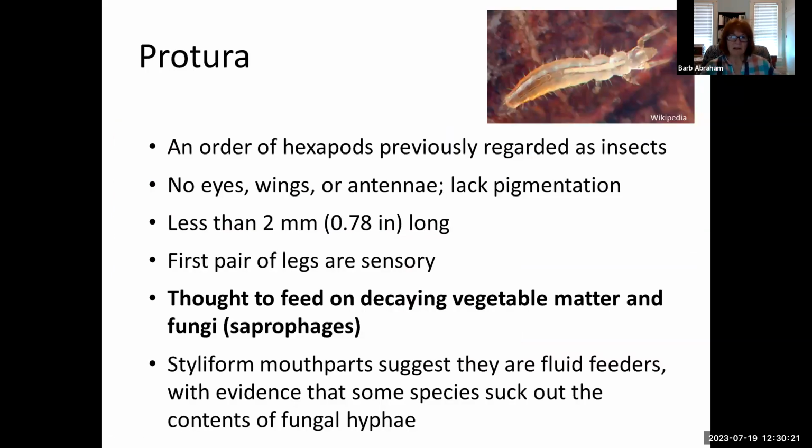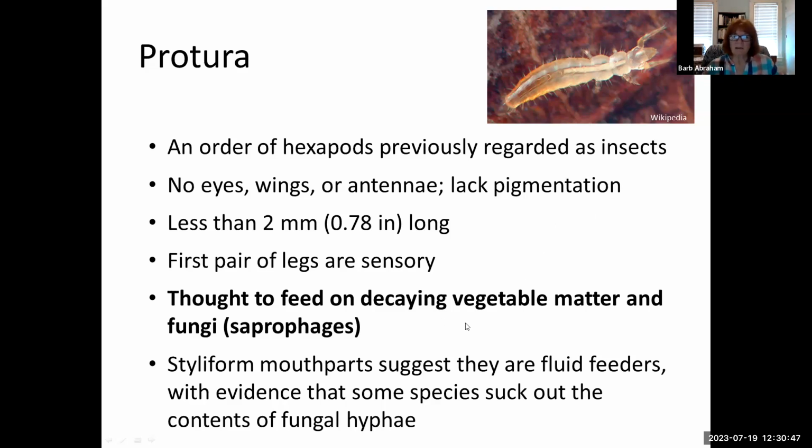And you've seen this slide before, I think. These are proturans. They're the things that always used to be called primitive insects, and now they're sometimes just called hexapods. This is the order within class Insecta. And you see they do have six legs and they do have segmentation, but they have no eyes, no antennae, no wings at any stage.